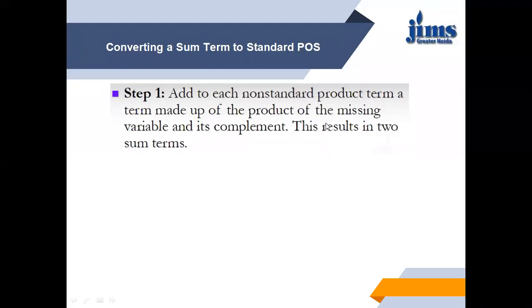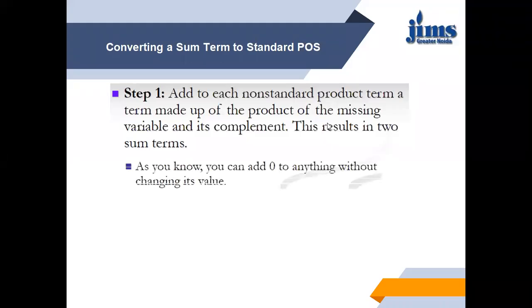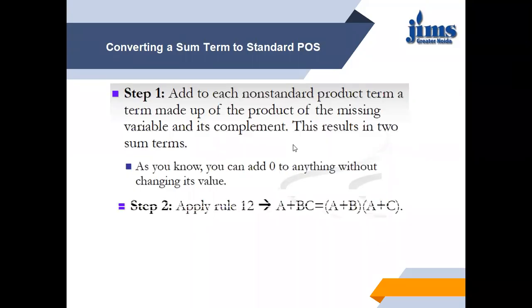This results in two sum terms. Now we'll discuss it with an example. As you know, you can add 0 to anything without changing its value. That is the property we studied when discussing the postulates or laws of Boolean algebra: x plus 0 equals x. Now 0 can be y into y bar. So this is the concept here.